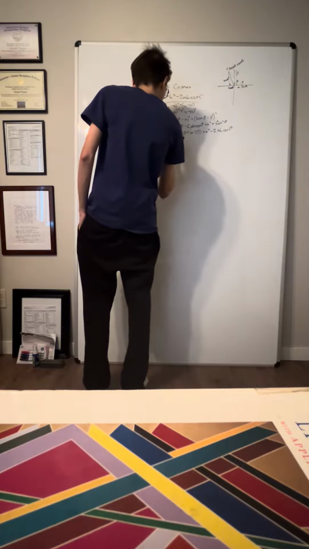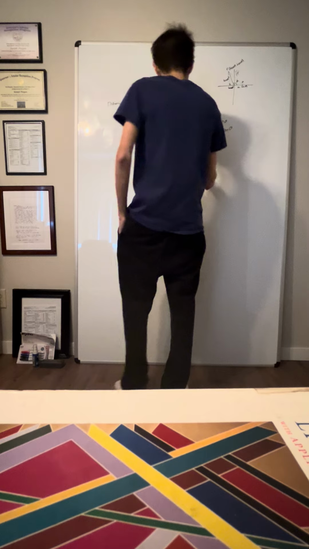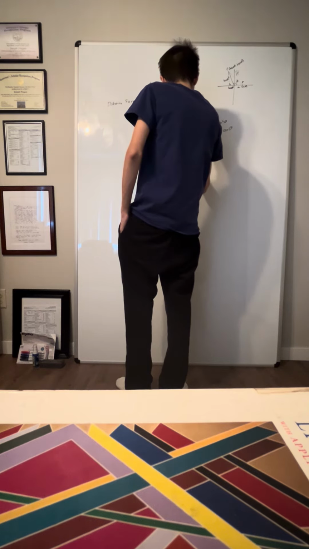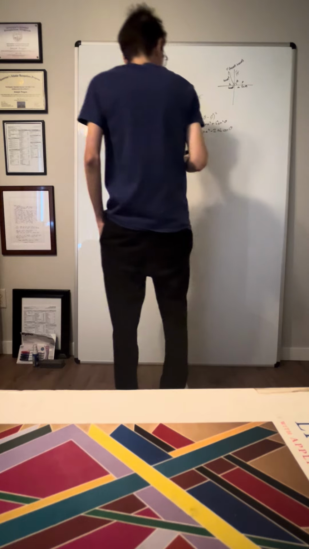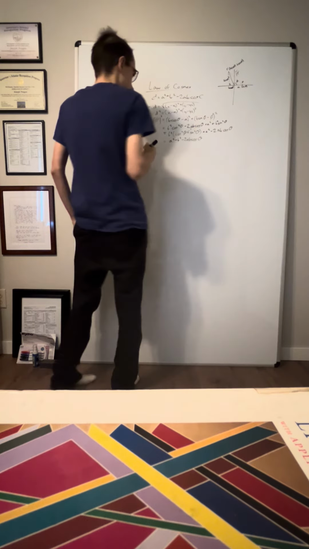Now we can clearly see that we end up with a squared plus b squared minus 2ab times the cosine of our angle.